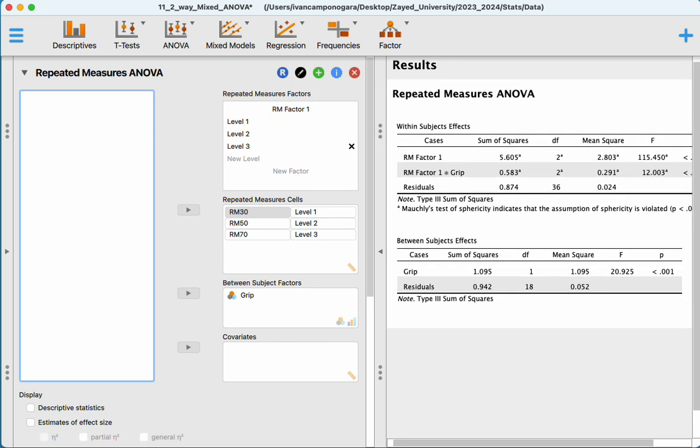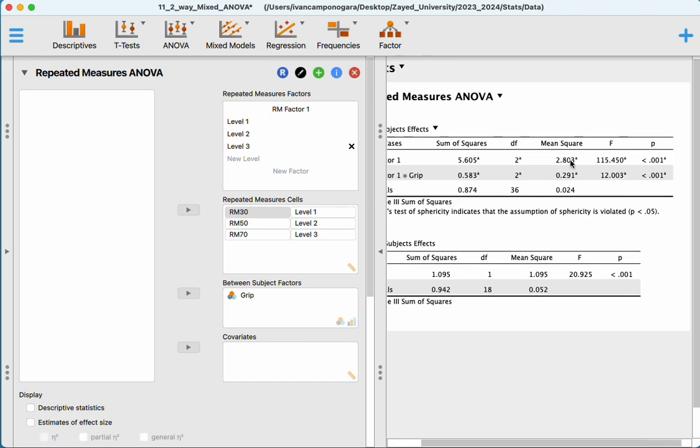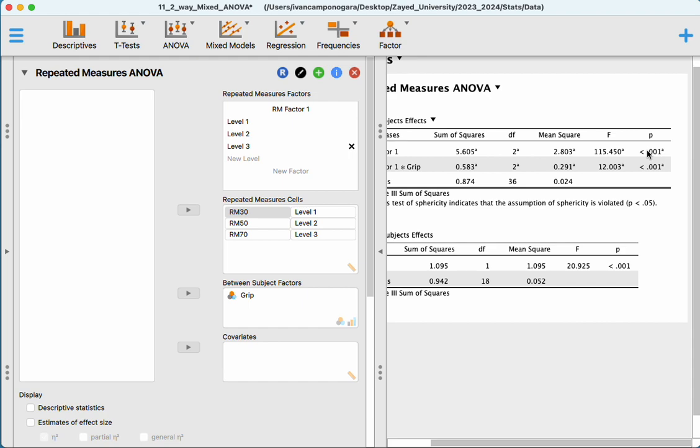So it's very straightforward in the sense that what you have to do is check two things. One is called the main effect and the other is called the interaction. The main effect is, in this case, the overall effect of testing the strength at three different times, on different days, and we saw that there's a main effect.